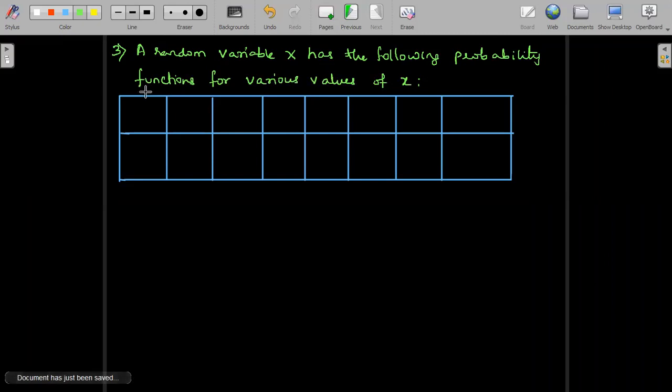So x values and its respective probabilities are given for us. I'll write it down as x and P of x. X values are from 0 to 7.